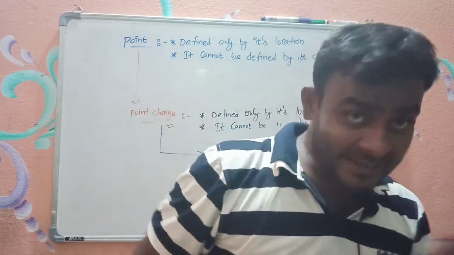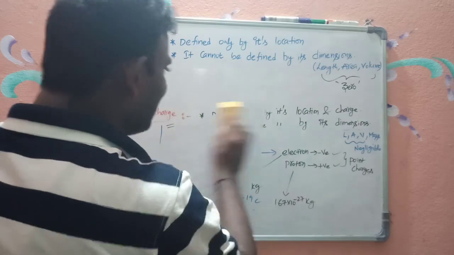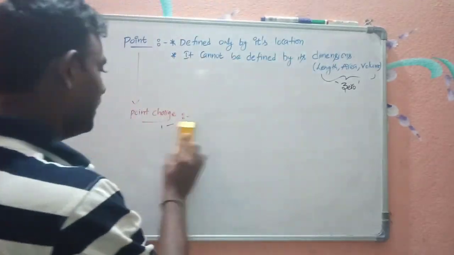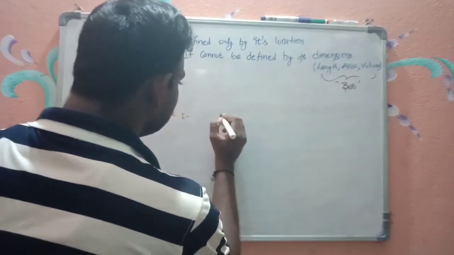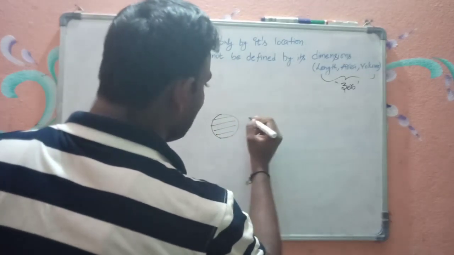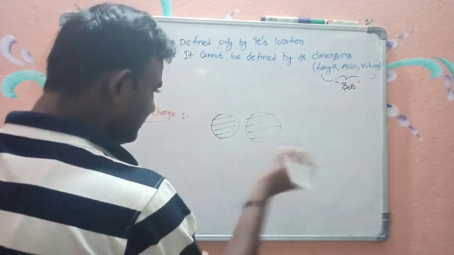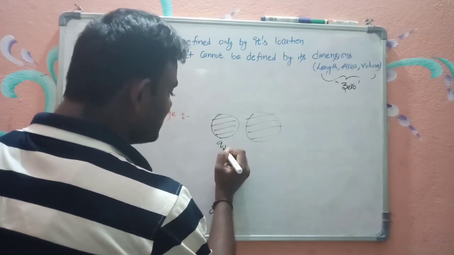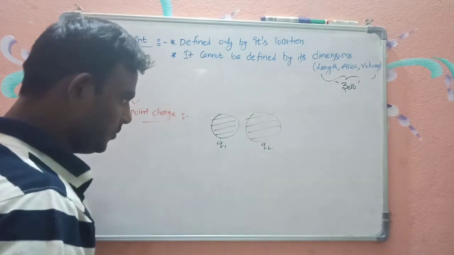Okay, and for the second way of understanding the point charge, we consider another, very interesting example. I have two spheres, meaning this is one charged sphere and this is another charged sphere. Let us consider both are of equal size. This charged sphere has the charge q1 and this charged sphere has the charge q2.